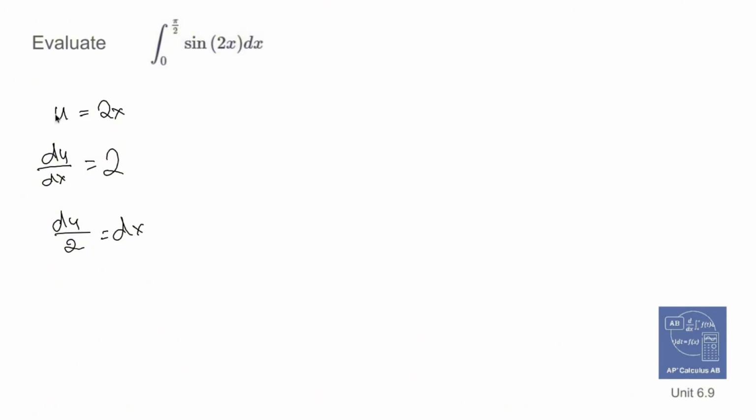Now we can take this, this, this, put some stuff together, and do some integrating with respect to u. So 0 to pi over 2, okay? Sine is still sine, but now it's of u. dx now becomes du over 2, right? What I can do is I can rip out a half.